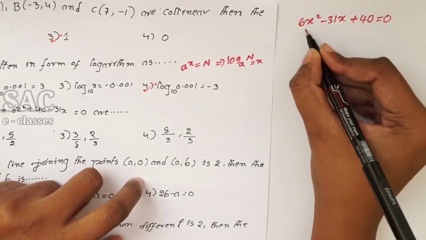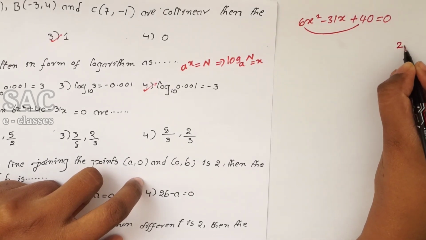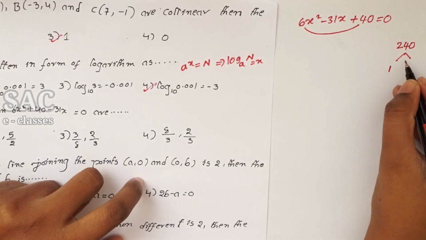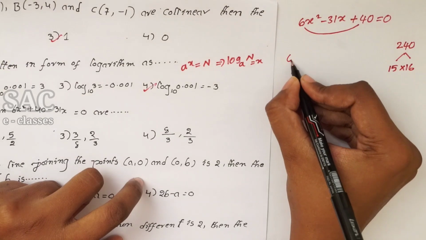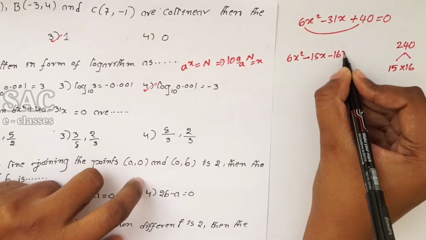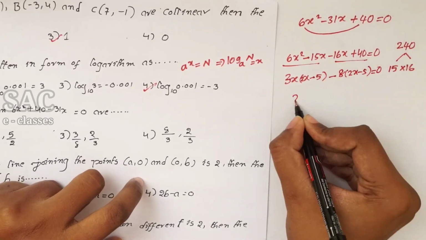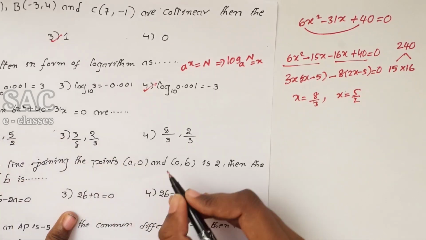Anyhow, you know to multiply the constant term and the x square coefficient, and you will get 240. 15 16s are 240. So 6x square minus 15x minus 16x plus 40 equal to 0. x is 8 by 3 and x is 5 by 2 are the answers.